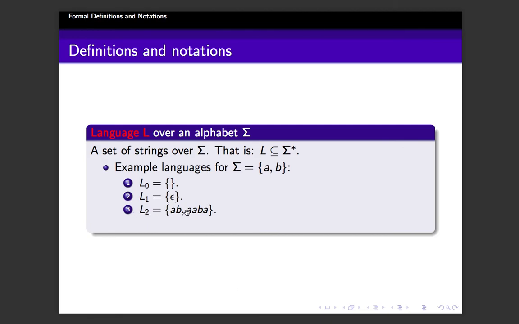Then L2 = {AB, AABA}. Yes, it's again a language because it is a subset of sigma star. Another example is the set of all strings with an odd number of A's. So I am giving you 4 examples with cardinality 0, 1, 2 and infinite. So that is a language, any subset of sigma star.